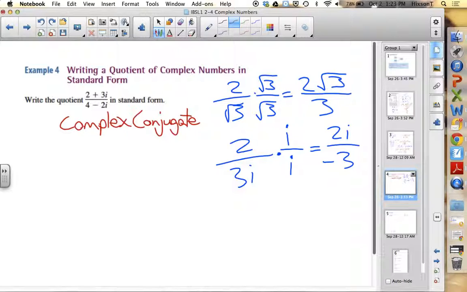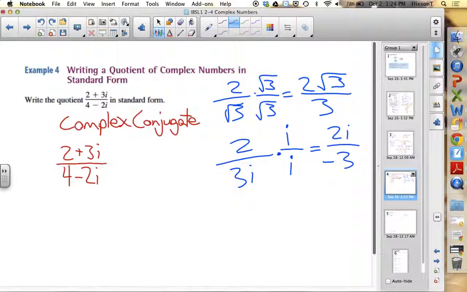Now, the complex conjugate, we're talking about the conjugate of the denominator, okay? So the 2 plus 3i is still going to be here. But someone explain what a conjugate is. It's kind of like a reciprocal.